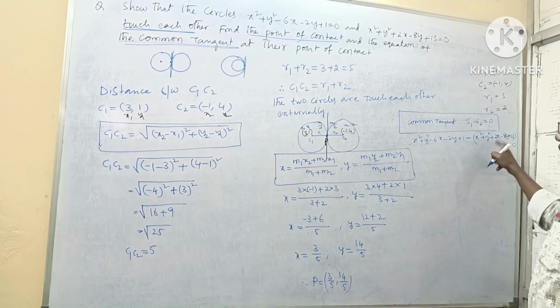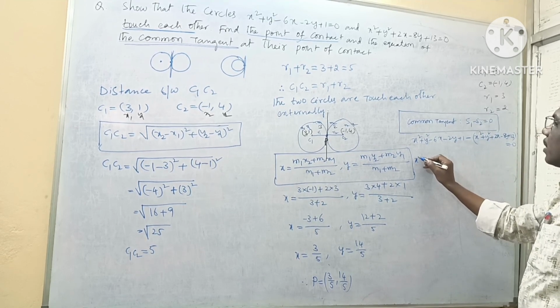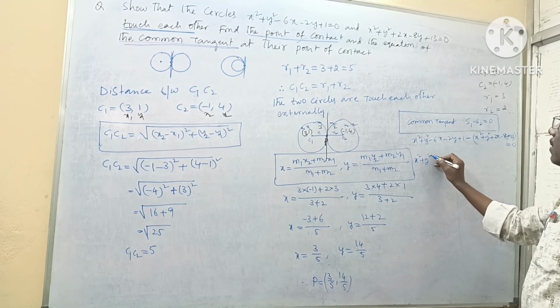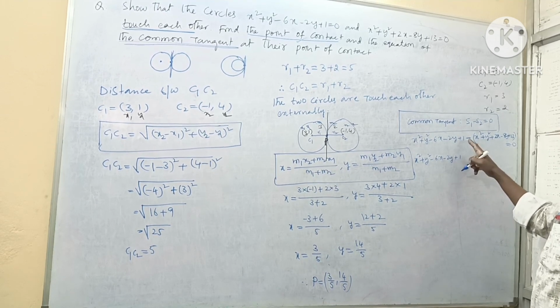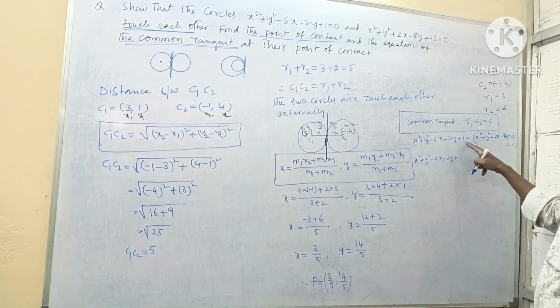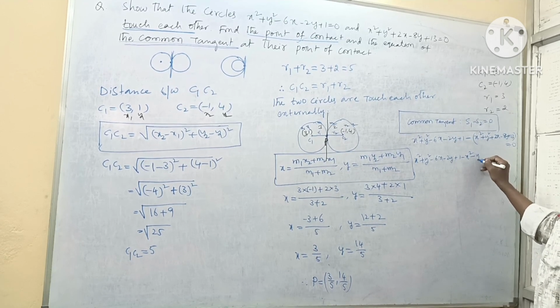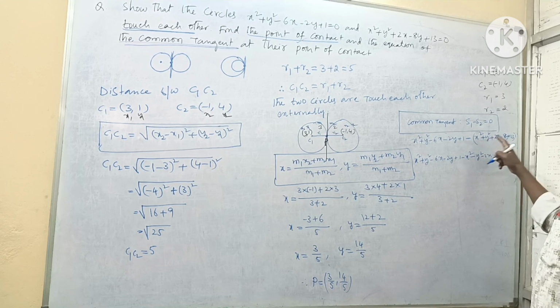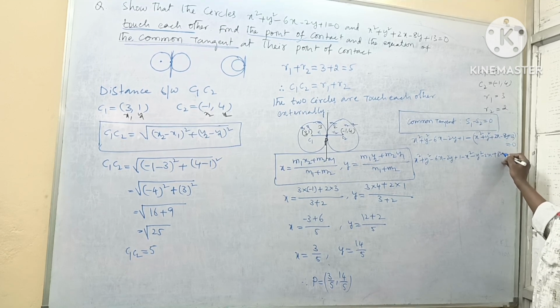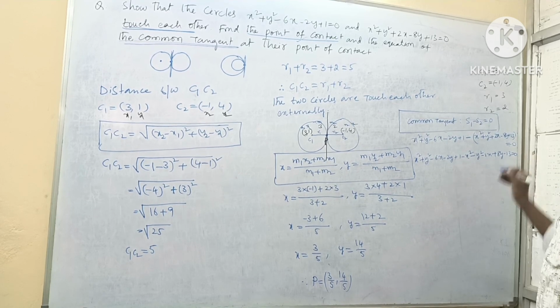Next, open the brackets. Write x square plus y square minus 6x minus 2y plus 1. Open this bracket: minus into plus is minus x square, minus into plus is minus y square, minus into plus is minus 2x, minus into minus is plus 8y, minus into plus is minus 13, is equal to 0.